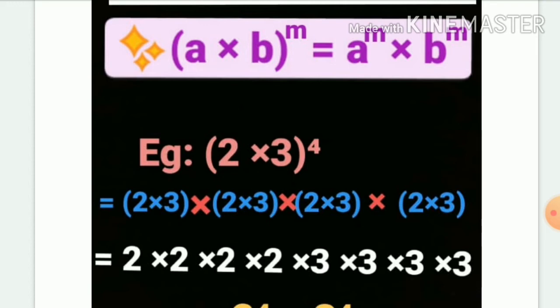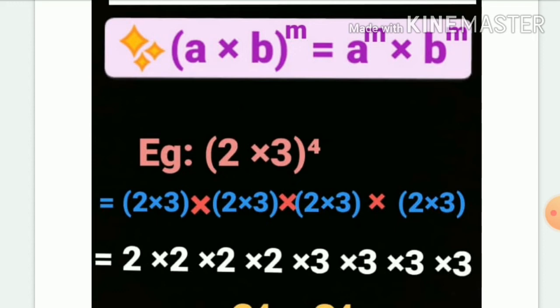So this 2 multiplied by 3 will be multiplied how many times? 4 times, because its index is 4.